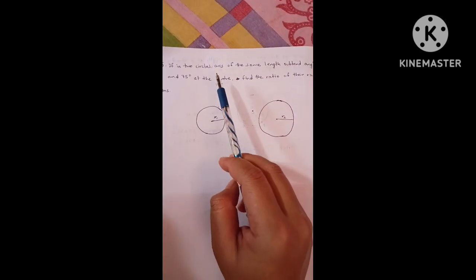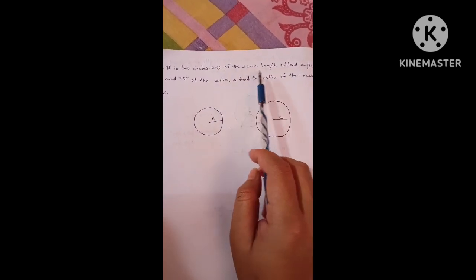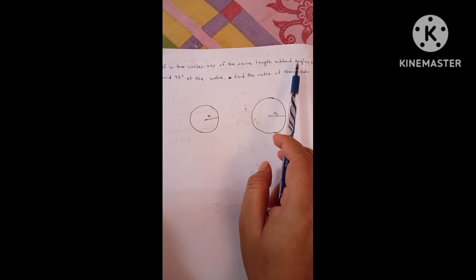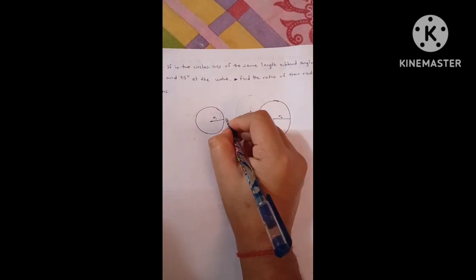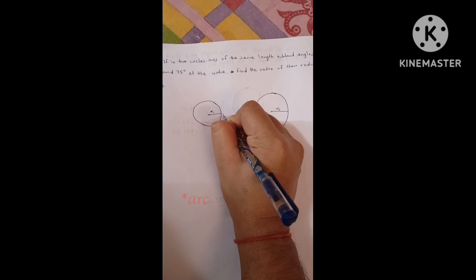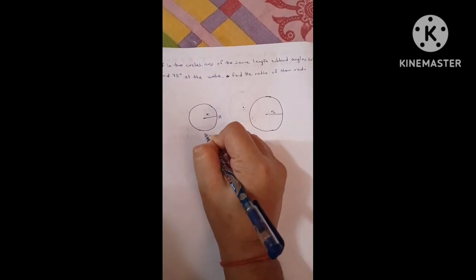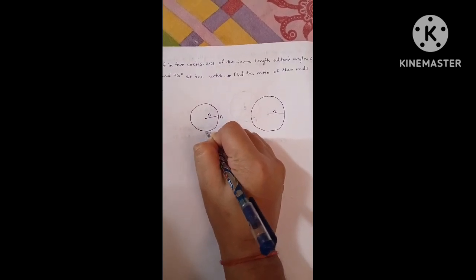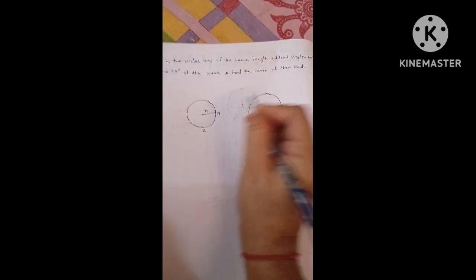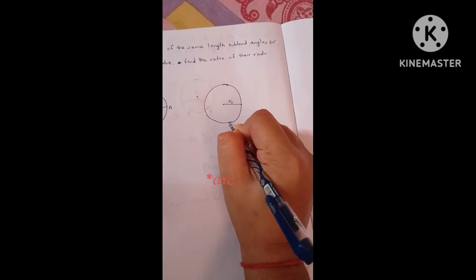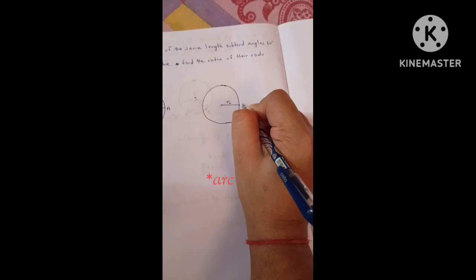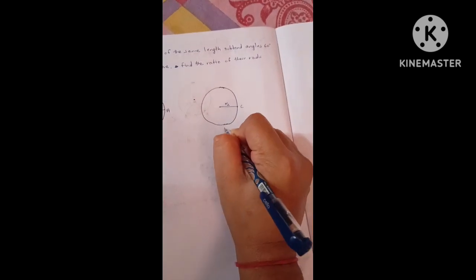Now according to the question, arcs of the same length subtend angles 60 degree and 75 degree. Suppose we take here a chord AB and here a chord CD.